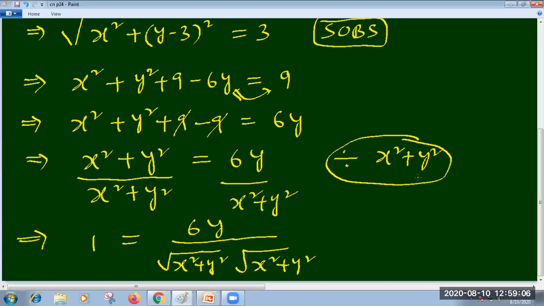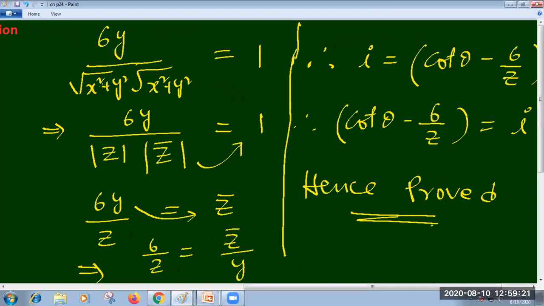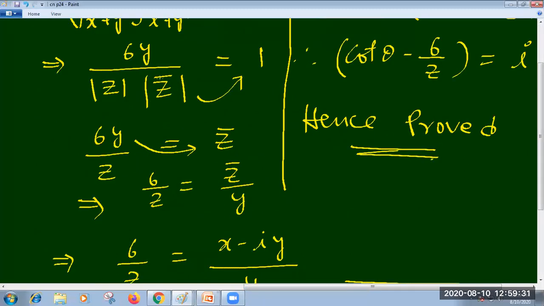Dividing both sides by x square plus y square, we get 1 is equal to 6y by x square plus y square. And writing x square plus y square 2 times in root, then this is nothing but mod z, and this can be taken as mod z bar. Both are same. And rearranging z and y, taking right side, this becomes z by y.